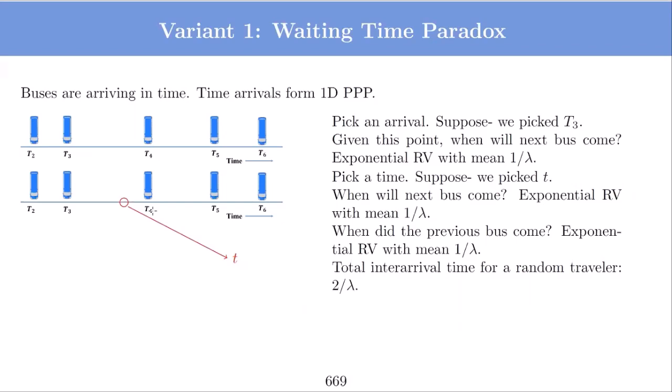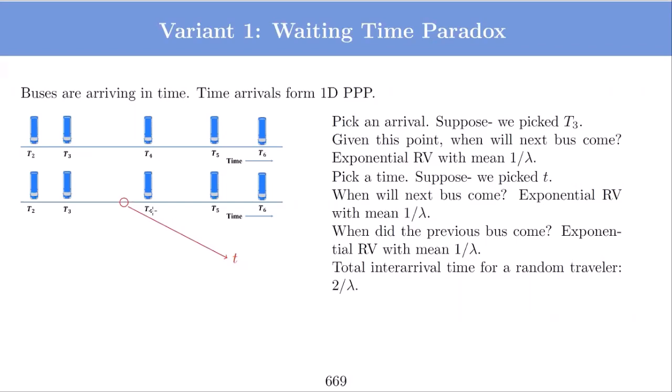If I get down from the bus and wait at the bus stop for the next bus, I will expect the waiting time to be 5 minutes. But if I randomly go to the bus stop, my waiting will also be 5 minutes, which means that given my arrival there, the inter-arrival time has become 10 minutes.